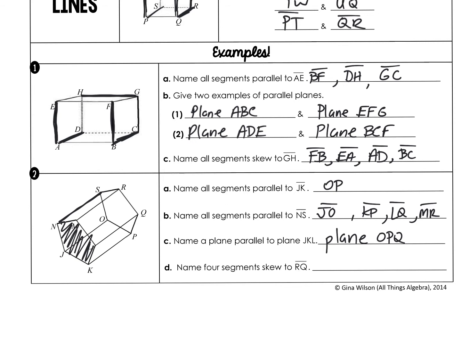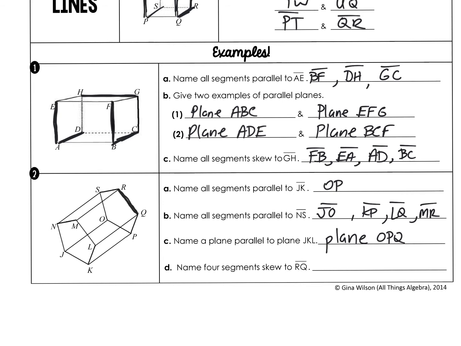Okay, name 4 segments skewed to RQ. Now the skews I feel like are a little trickier, just because they're a different direction, different positions, and different shapes. So RQ is here.